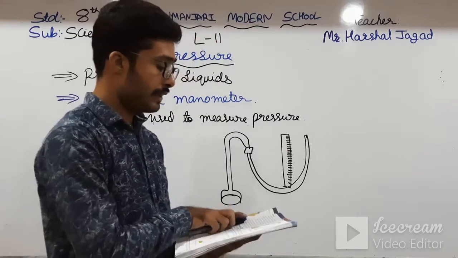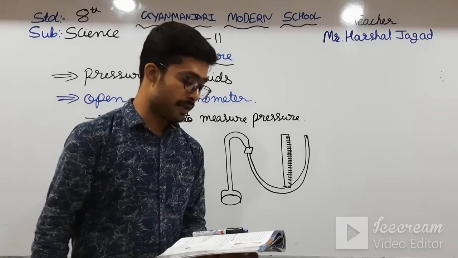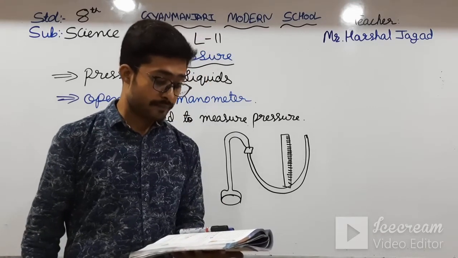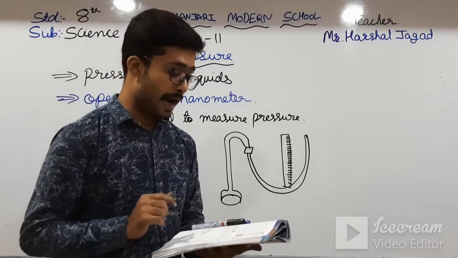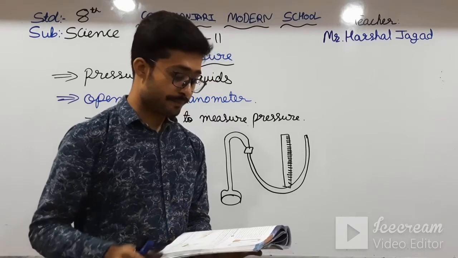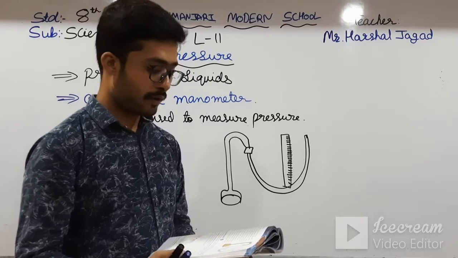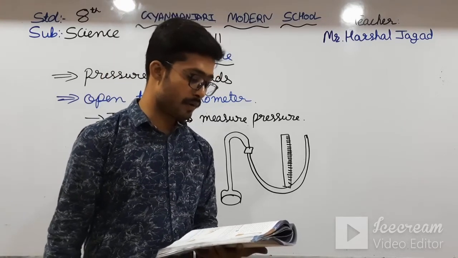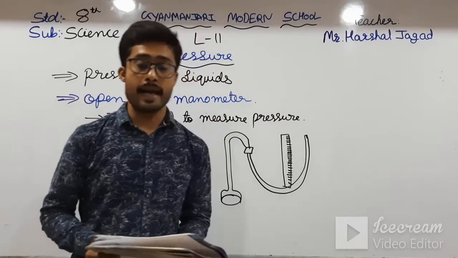When the pressure is to be determined at a point, the rubber tube is held at the point, and from the difference in the heights of the liquid at the two arms of the U-tube, the pressure can be calculated. The scale on the manometer could also be marked so as to read the pressure directly.